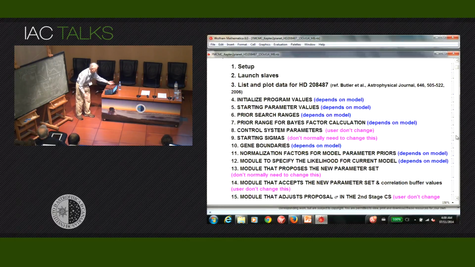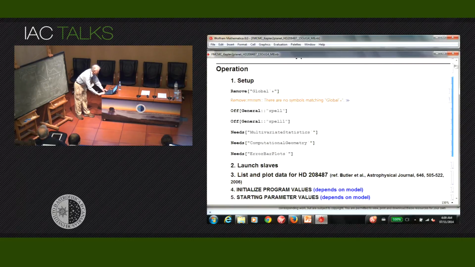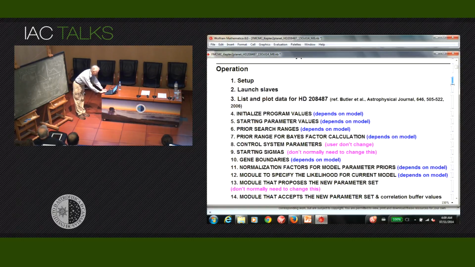There's a setup, because whenever you run a Mathematica program, you want to include certain things like multivariate statistics and error bar plots, and you don't want to have spelling check warnings all the time. So you typically have these sorts of ingredients, and you just execute that. To execute something like this, you just press Shift-Enter.